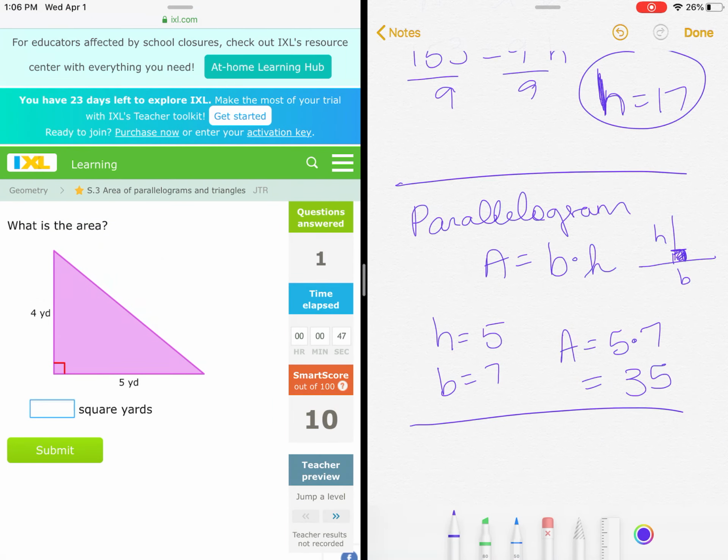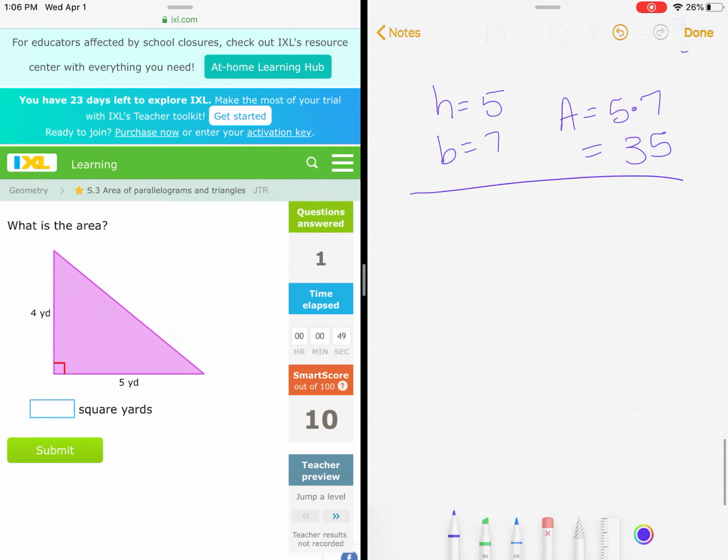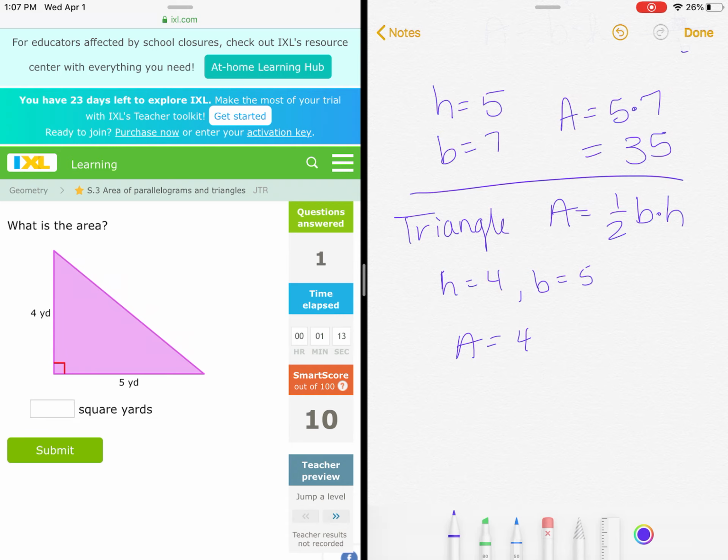Okay, and then area of a triangle is half that of a rectangle. And so here I have a triangle. This one's a right triangle, so its base and height are 4 and 5. So area is 4 times 5, which is 20.